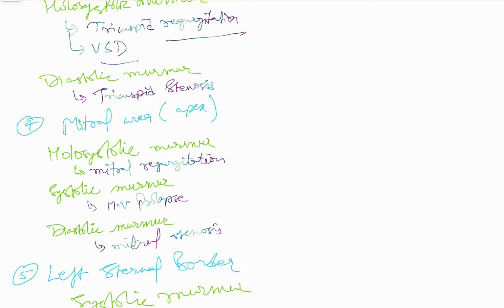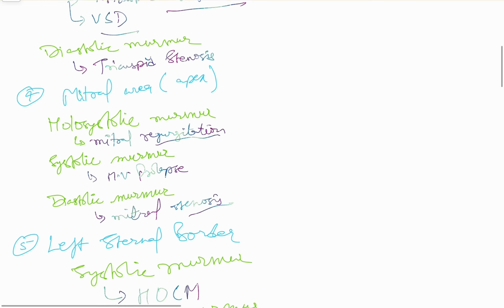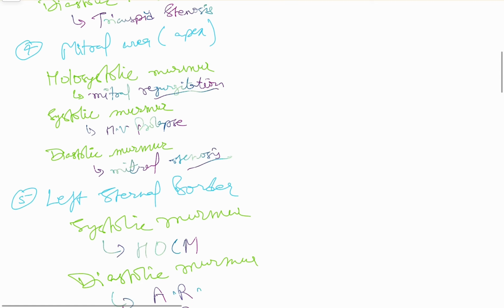And if we talk about the mitral area at the apex, mitral regurgitation presents as a holosystolic murmur, while mitral stenosis presents as a diastolic murmur. Also, mitral valve prolapse will present as a systolic murmur only.